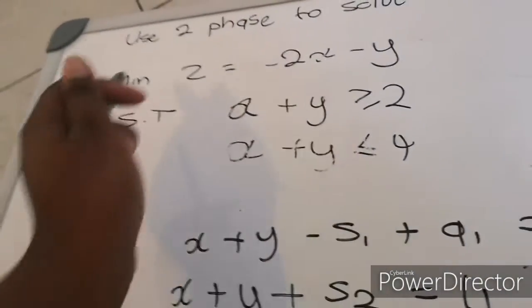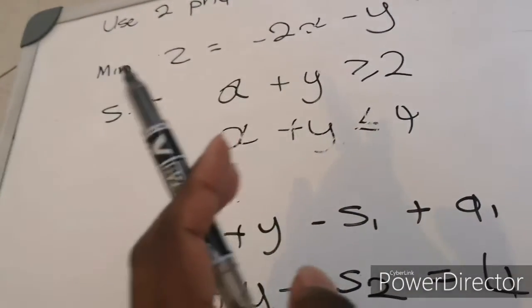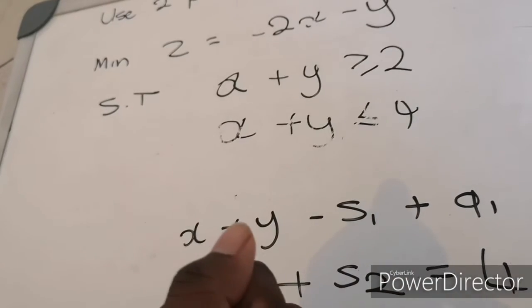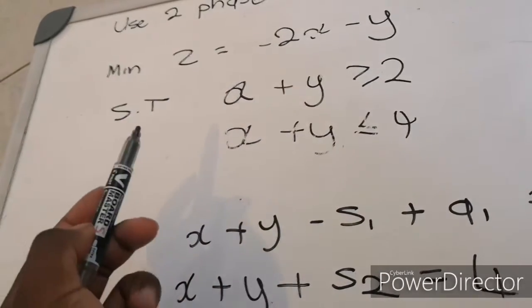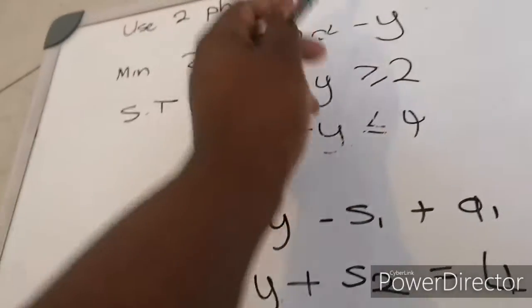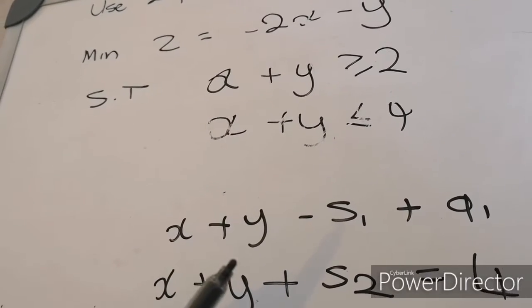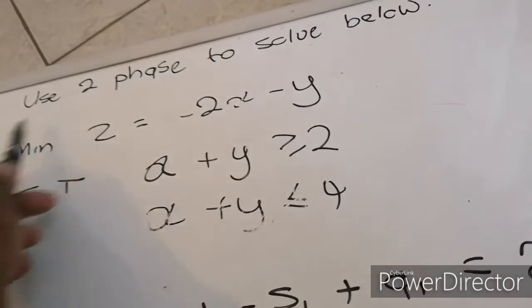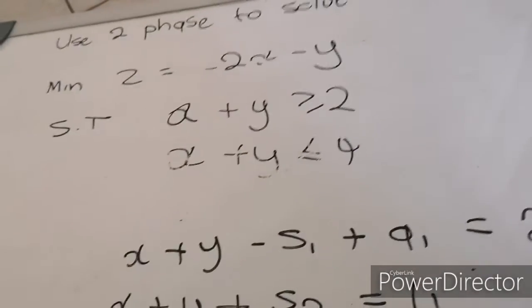And then initially we would look at the objective function as if we were maximizing, so we would have to multiply everything here by minus 1.